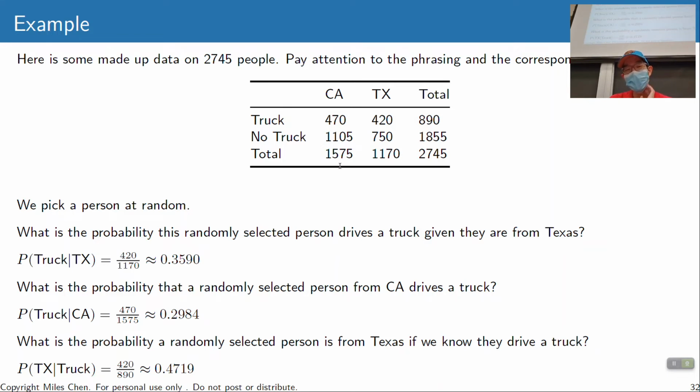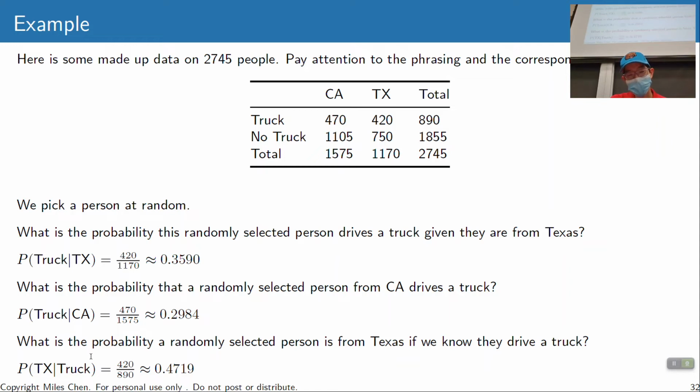When we select someone at random from the table, there's 2,745 people, but now we know they're from California, so we're basically just limiting ourselves to this California column. What is the probability they drive a truck? 470 over 1,575, we get around 30%, 0.2984. Now this is different.